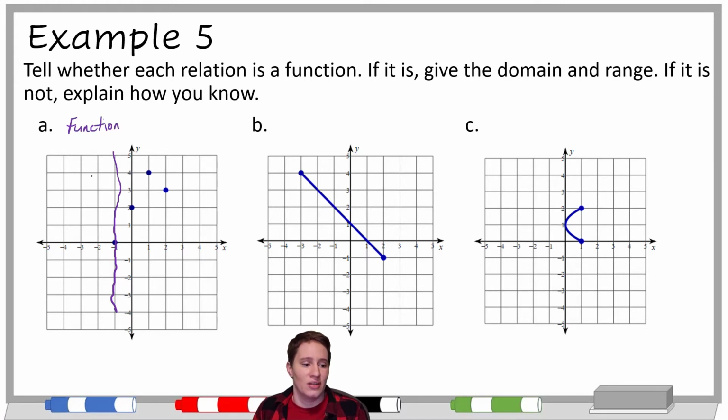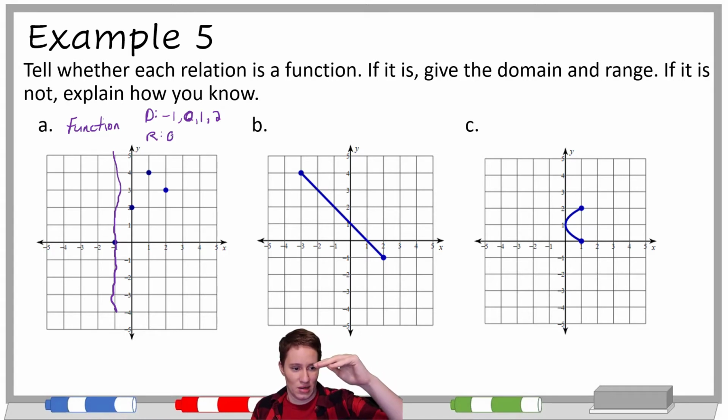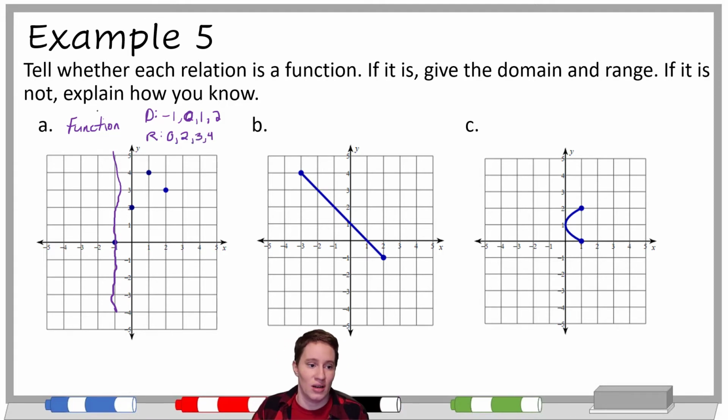And so the domain is the x values from our points on here. -1, 0, 1, and 2. But our range is the y values. So there's one at 0, then at 2, then at 3, and then at 4. So that would be our domain and range on this one.